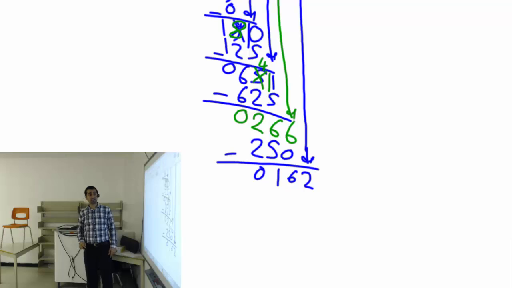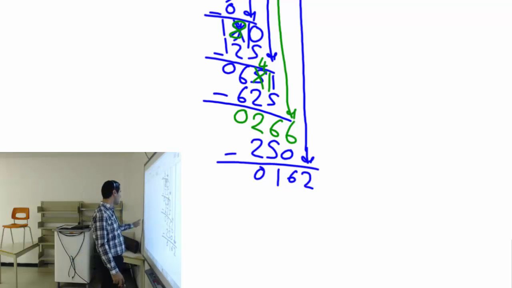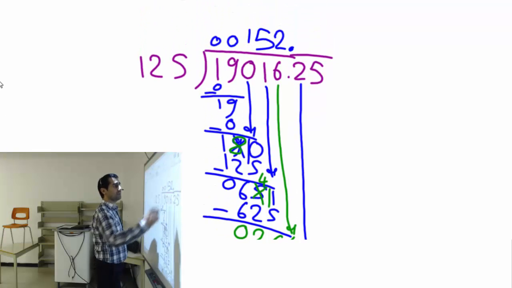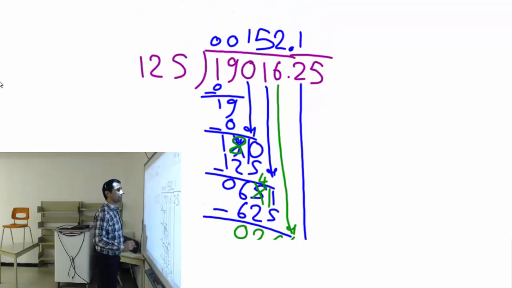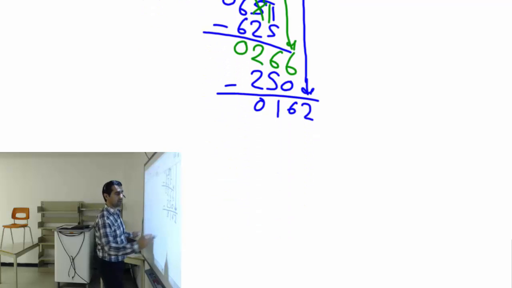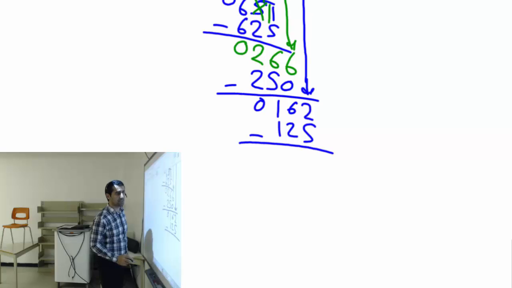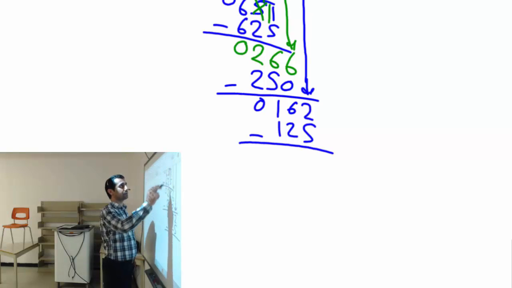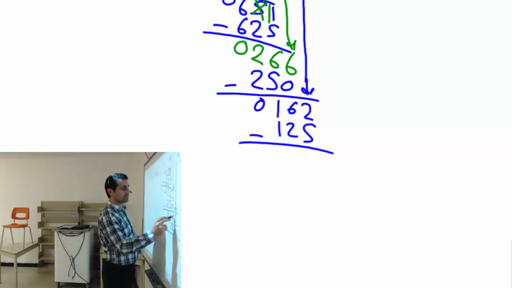In 162, how many 125 do I have? 1. There is just 1, 125. Subtract. And that's not going to work. So let's make this 12.